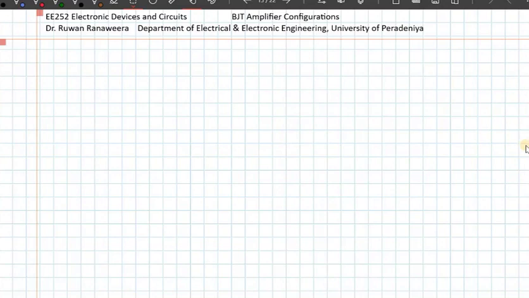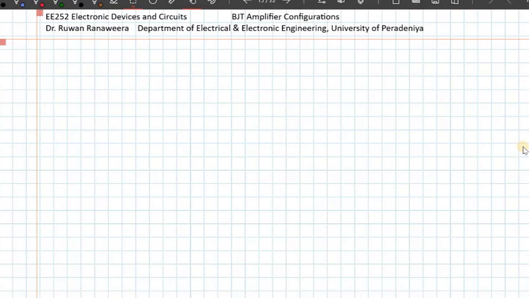So in order to increase the signal power, where power for a resistive circuit is voltage times current, in the case of an amplifier, the output power, which is the output current times output voltage, should be greater than input power, input voltage times input current.